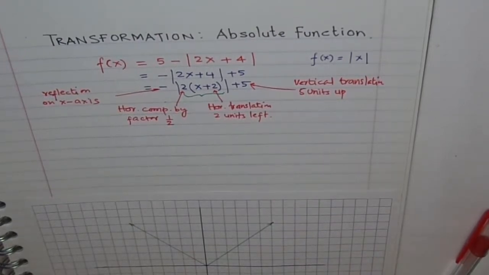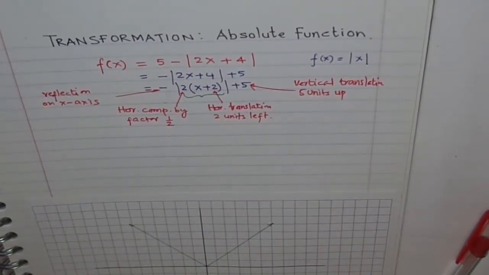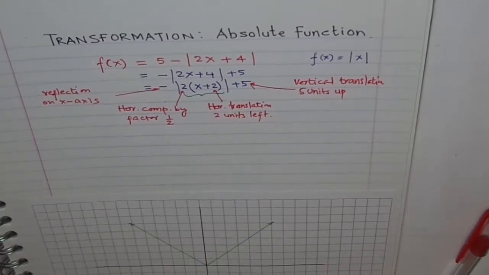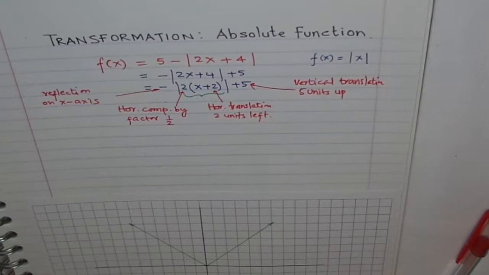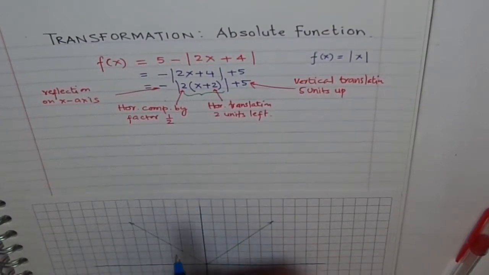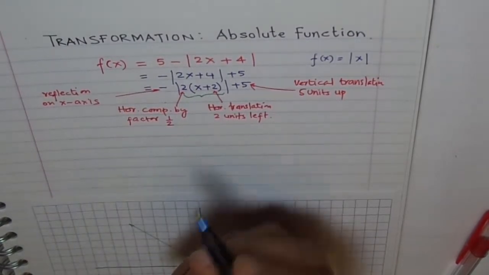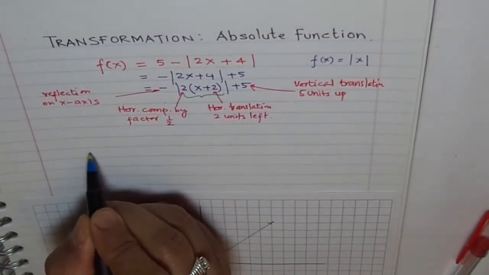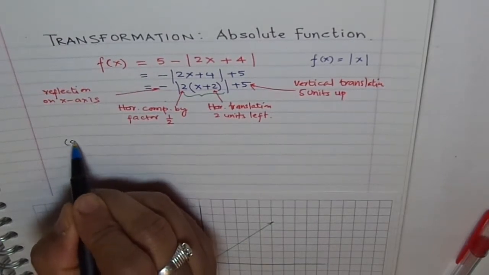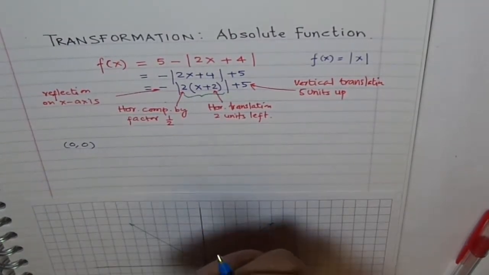Now, we will attempt to do this in 2 different ways. One, I would like to show you how the coordinates transform, okay? On an absolute function, the basic coordinates we saw were 0, 0. So let me write those coordinates. 0, 0 is the origin, right?